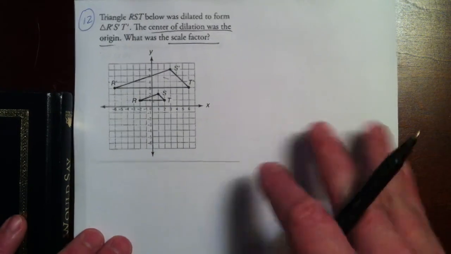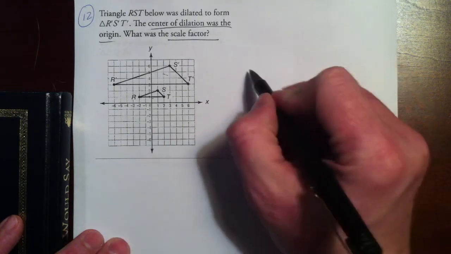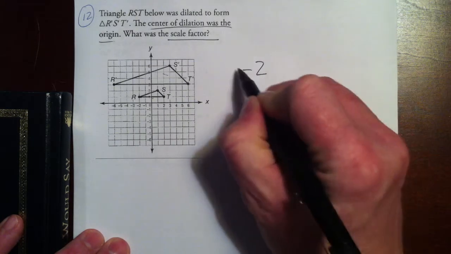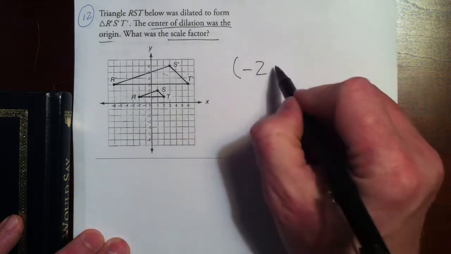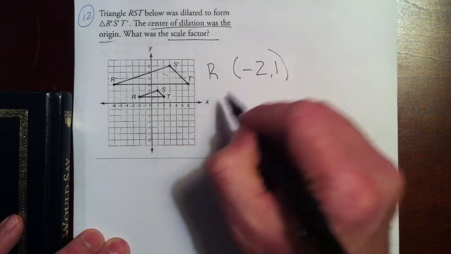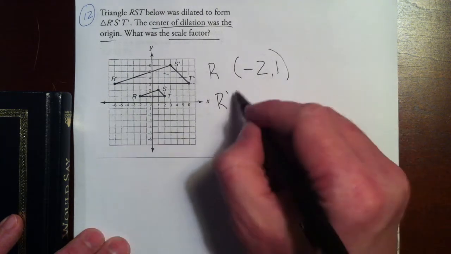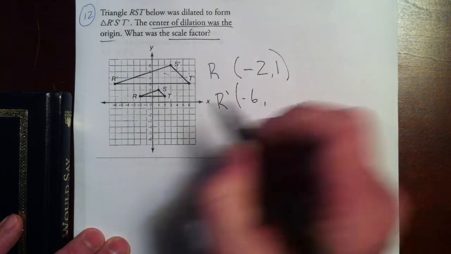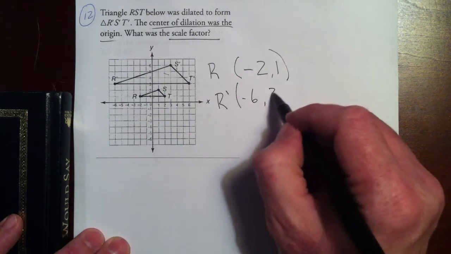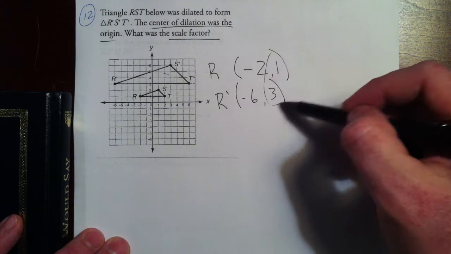So we only have to do one of these. Let's just take a look at R. The ordered pair for R is -2, 1. For R prime, it is going to be -6, 3. And guys, all you have to do is just look at one of these.